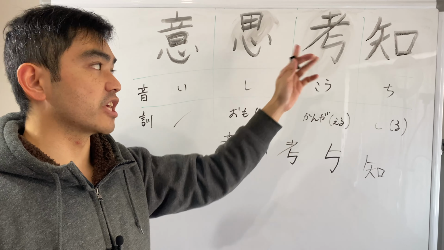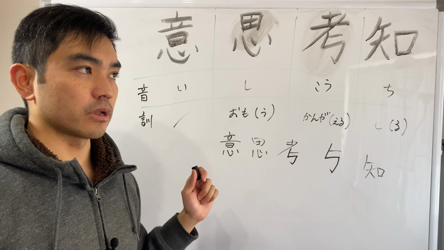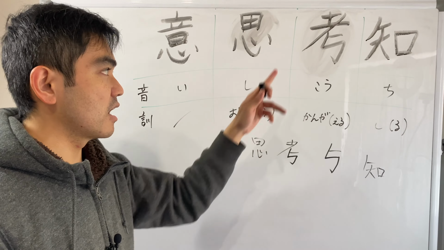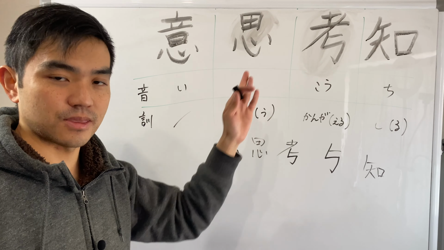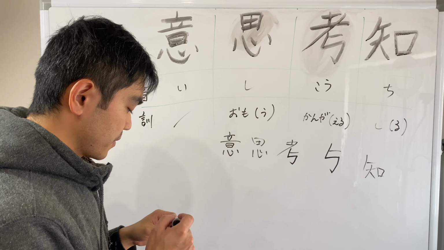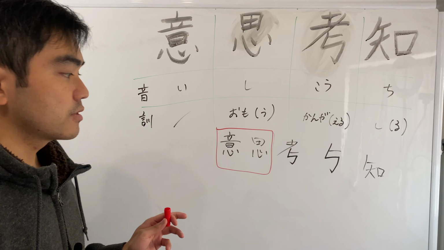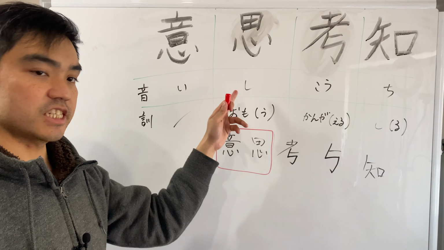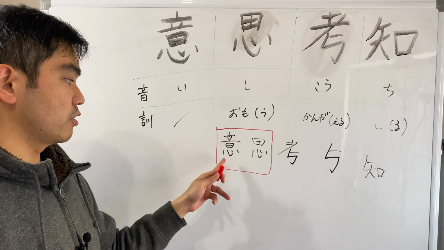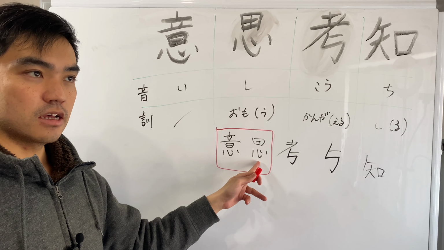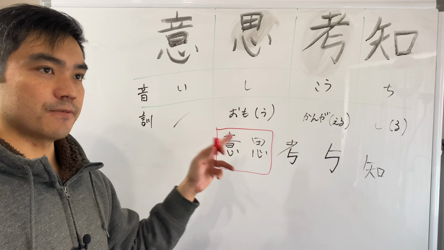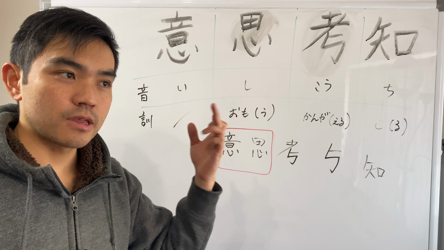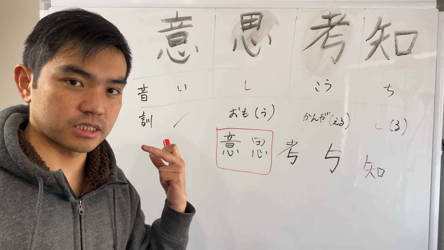For example, you guess something or you assume something, right? That's the thing. Okay. So combining these kanji makes ishi, will. So will, think.